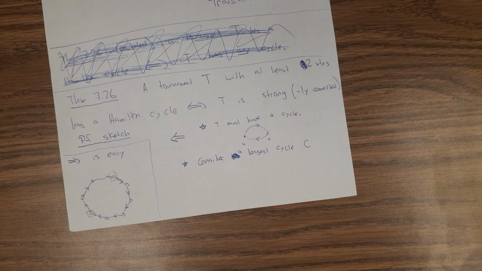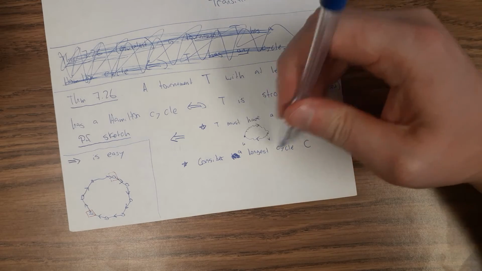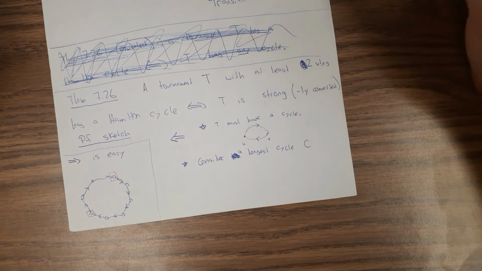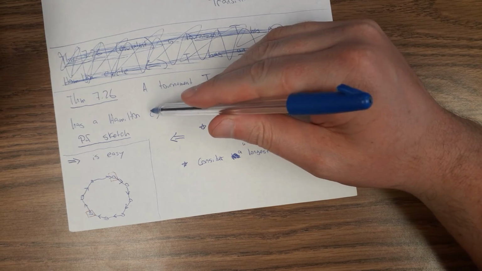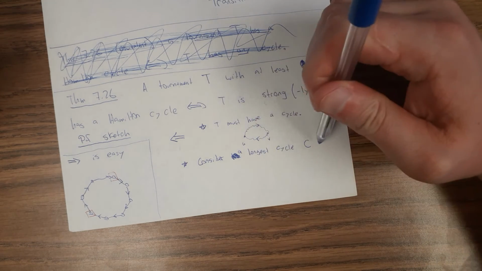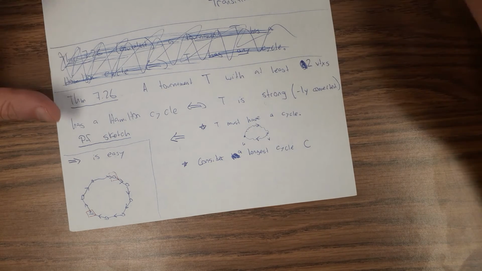If there's a tie, just pick one of the longest cycles. And of course, what we're trying to show is that the graph is Hamiltonian. So we haven't shown this yet, but what we want to show is that this longest cycle is the Hamilton cycle.